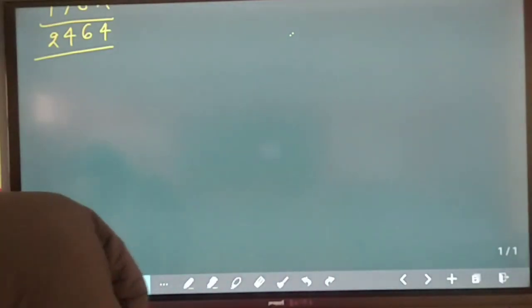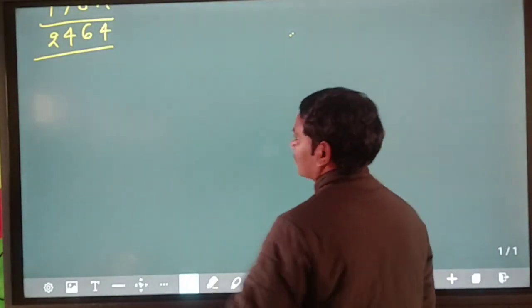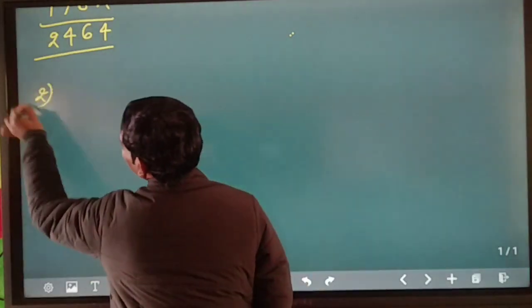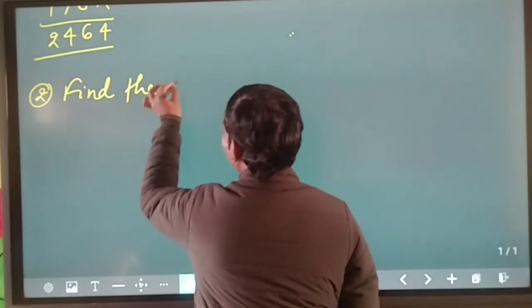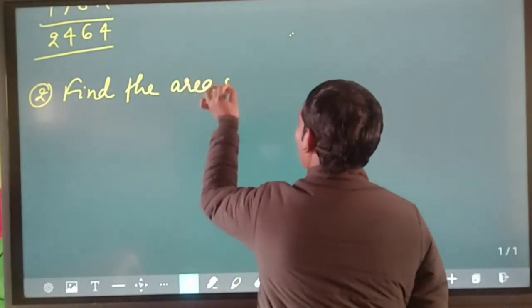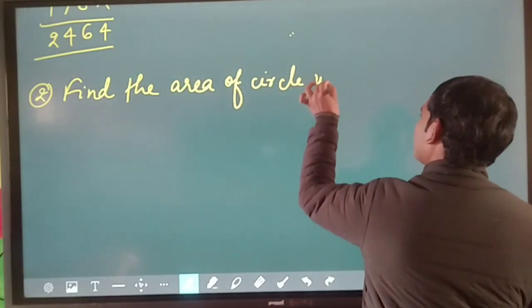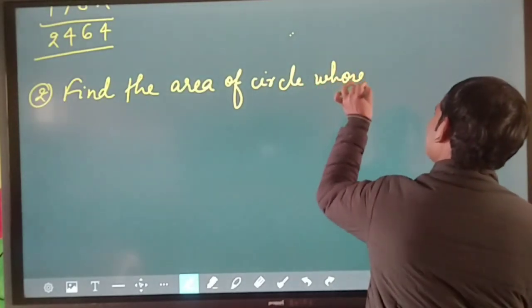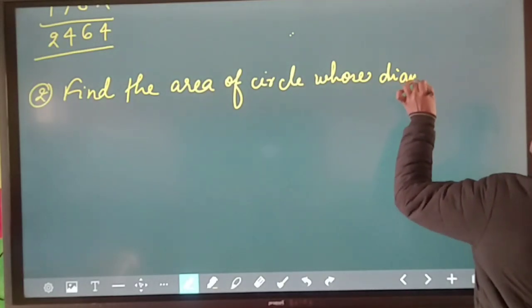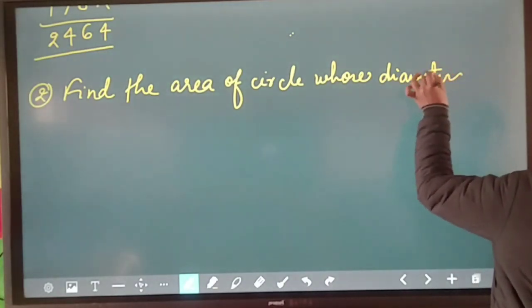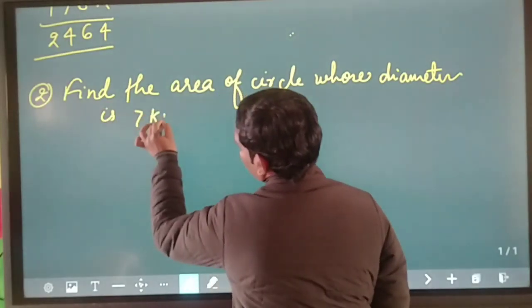The next question is, find the area of circle whose diameter is 7 kilometer.